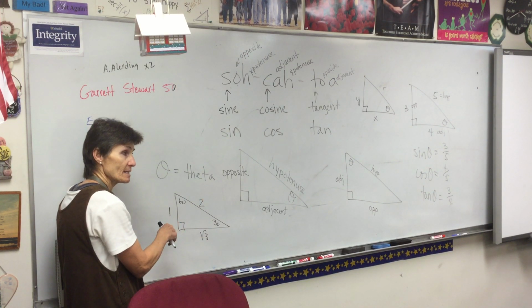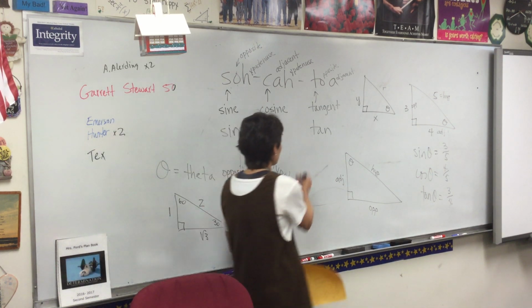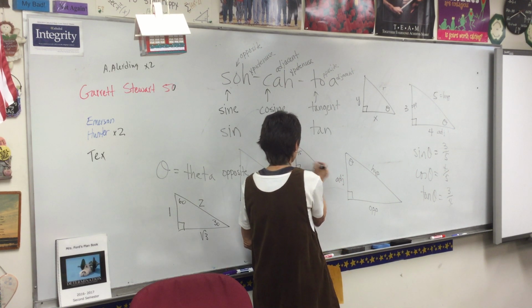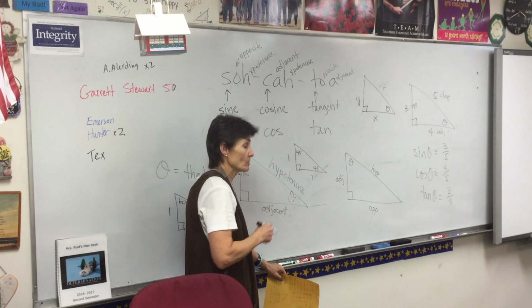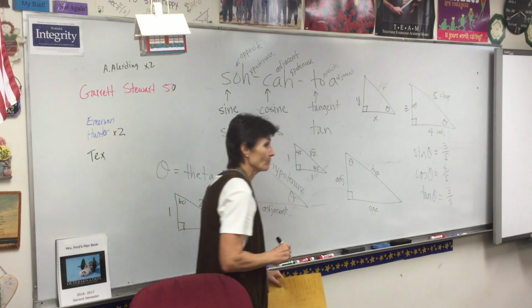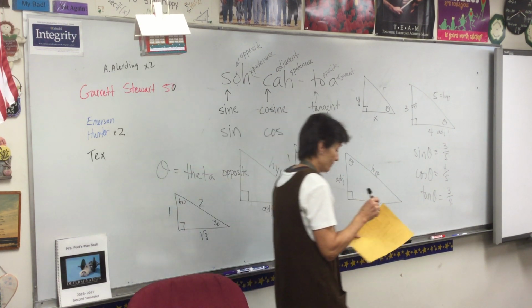You need to memorize that. Then you need to memorize the 45-45-90, which is a little easier because the sides across from the 45s match: congruent angles, congruent sides, and then the hypotenuse is root 2. Got to know that stuff.